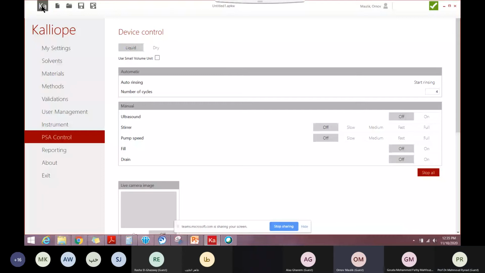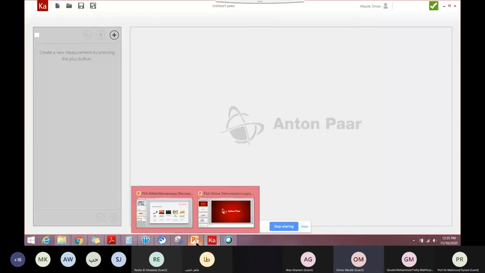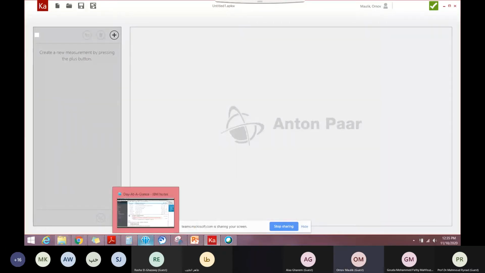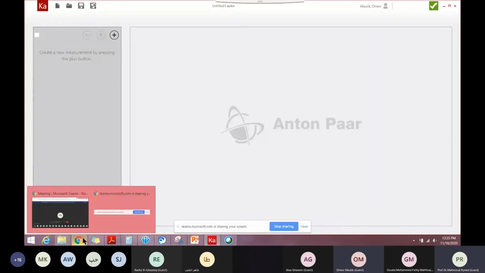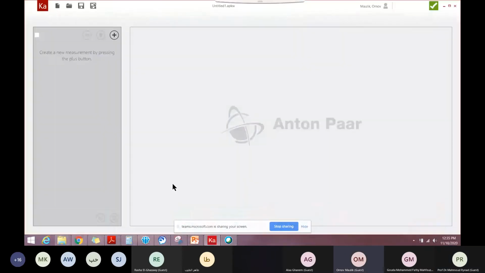This is our Calliope software, which is basically used for measuring the particle size. You can see over here our software is called Calliope. This same software can be used for the laser diffraction as well as the dynamic light scattering process. So we have both these modes present in this software.